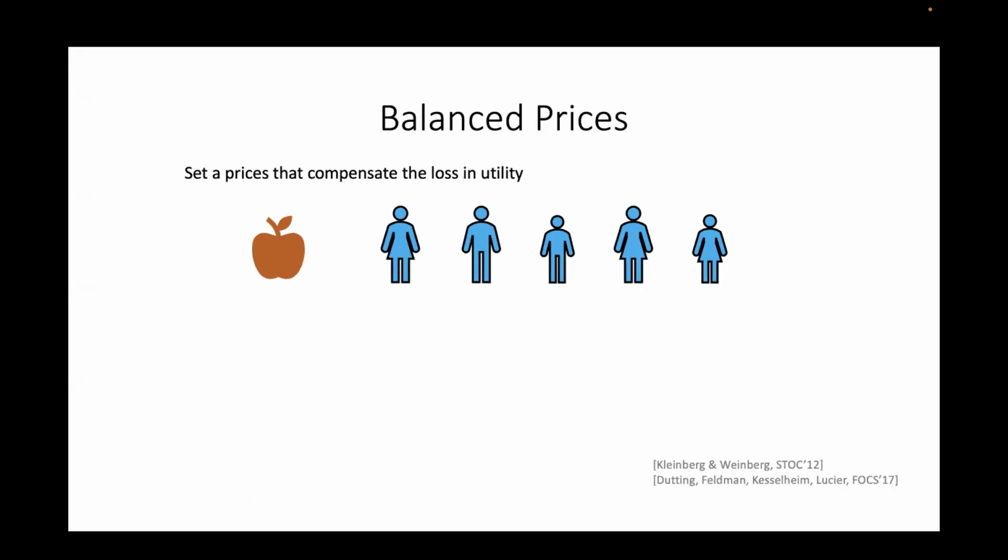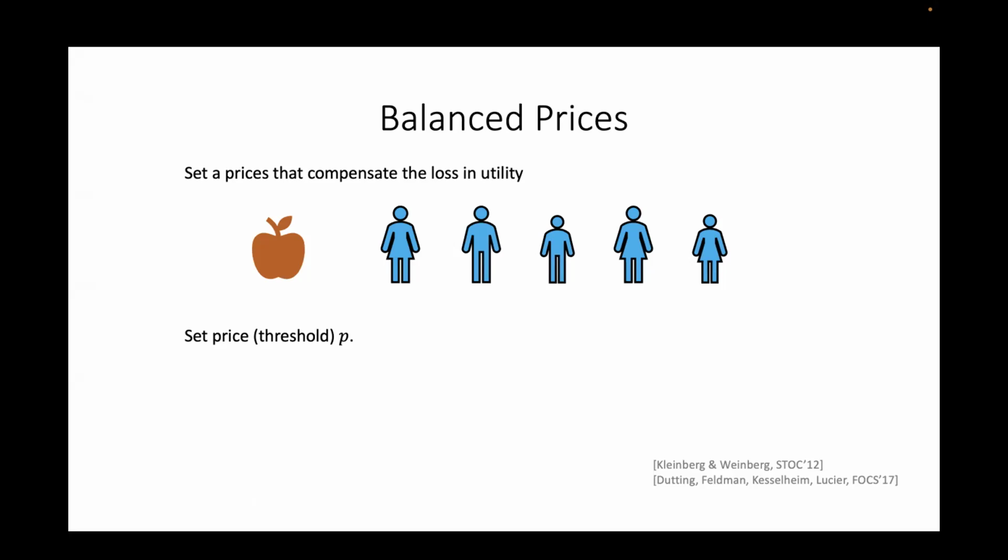And here is an algorithm. There are many algorithms that the system can have. Here is one using this balance price. We want to set a price that compensates for the loss in utility in the future. So if someone takes the item, we'll pay the price, but we might lose some value in the future. And then we want to set the price to compensate for that loss in the future.